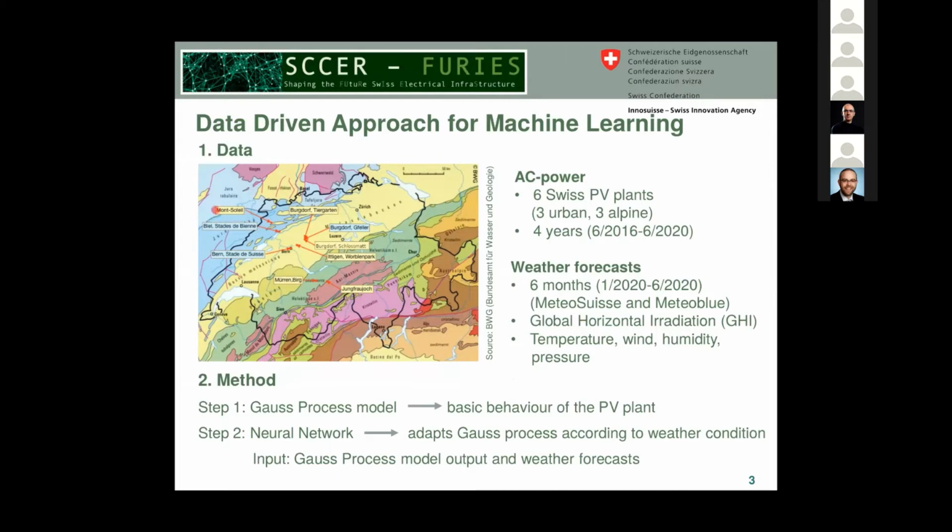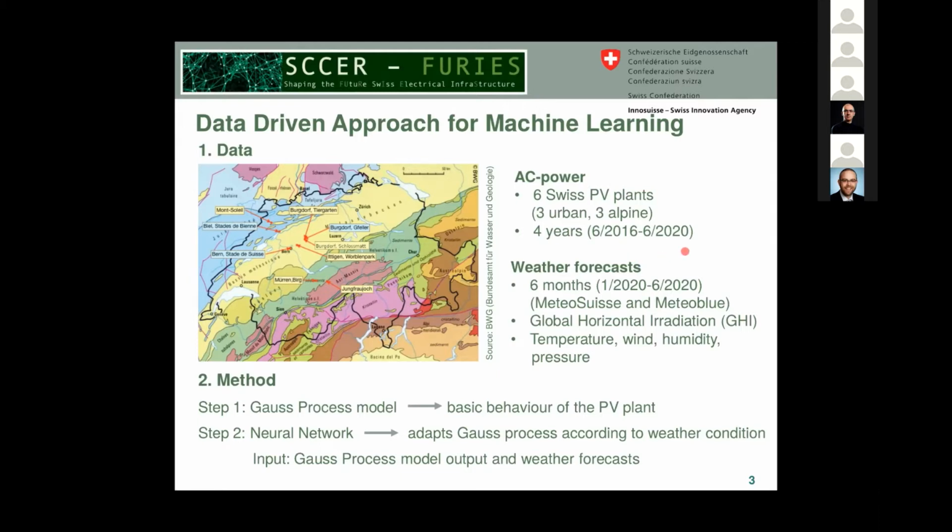You see on the map, the yellow marked locations are the ones that we used for development of the algorithm. We used 3 plants in a lower elevation, let's say urban areas, and 3 plants in a mountain area. For the development, we used 4 years of recorded data from 2016 to 2020.